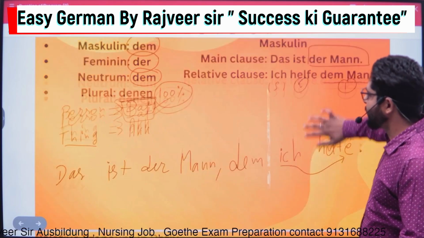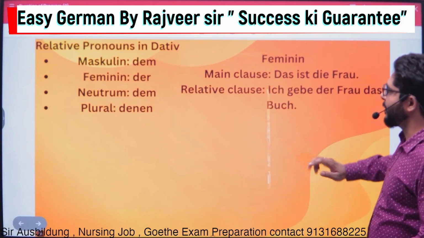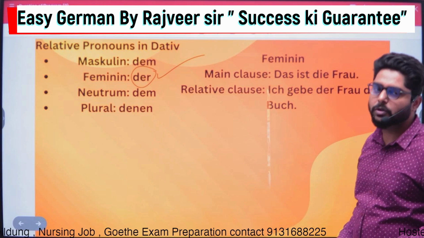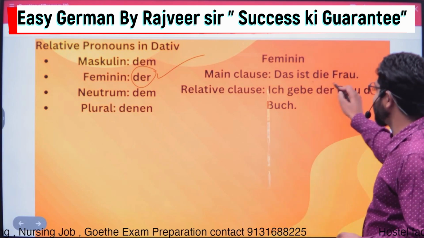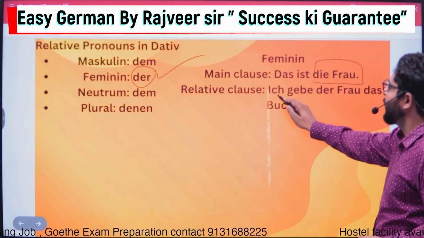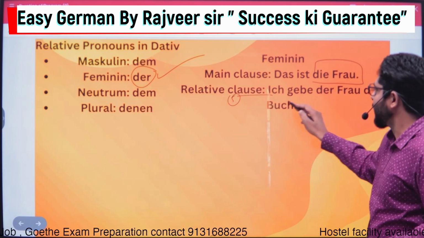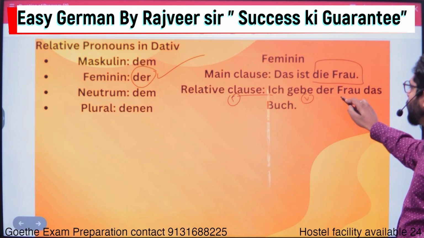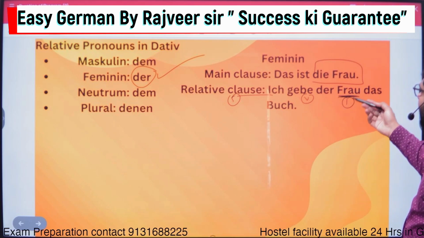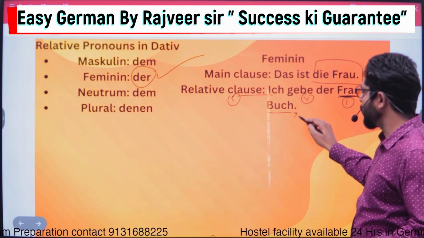Next we will see the feminine, and for the feminine we have to focus on der. Here you can see: Das ist die Frau, this is 100% feminine. Here you can see ich is the subject, geben is the verb. Now you will see two objects. One is this Frau, and the second is this book.